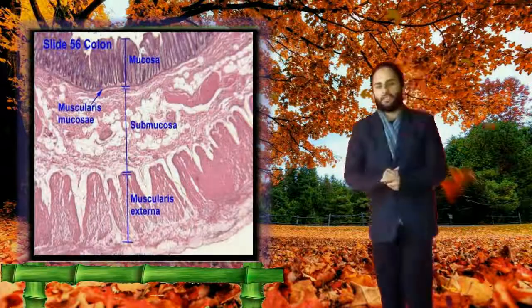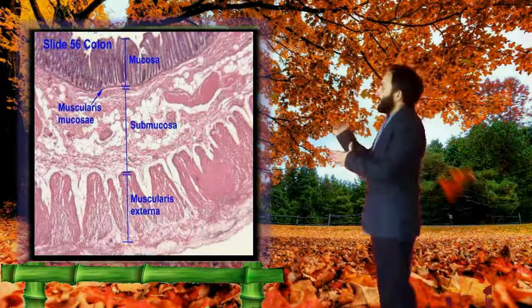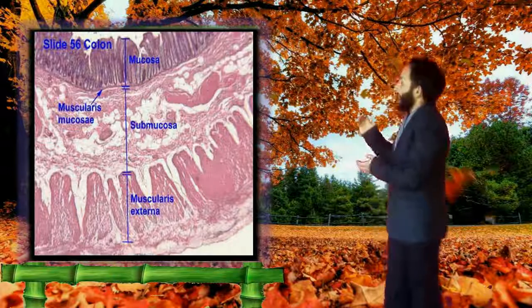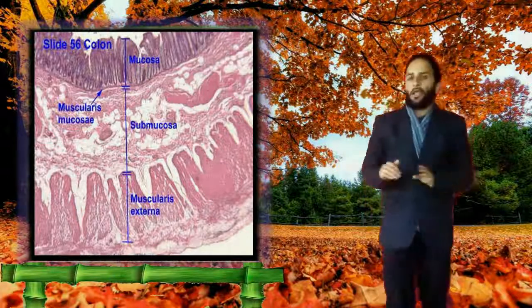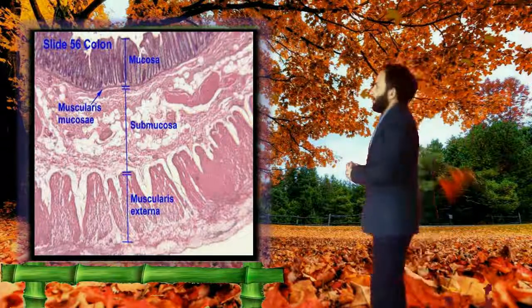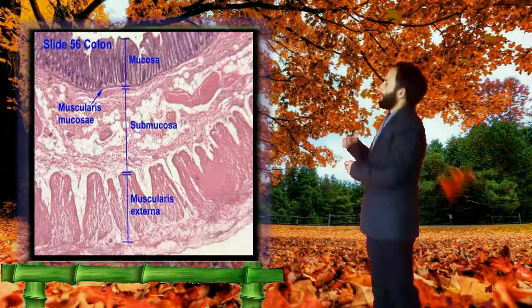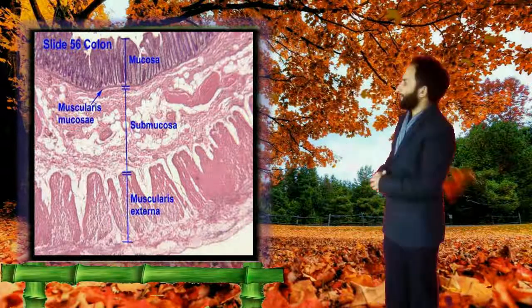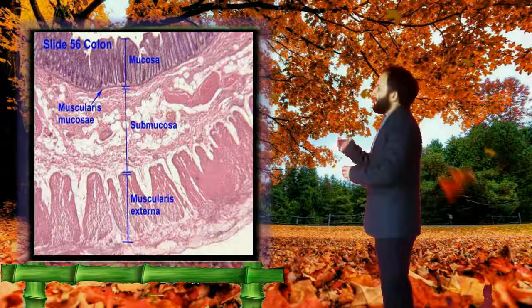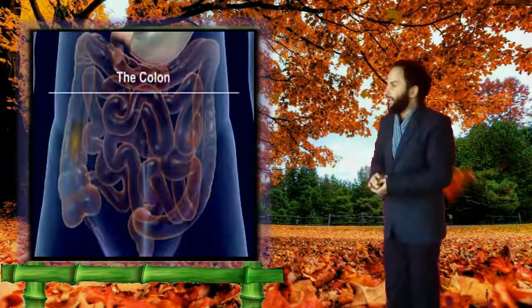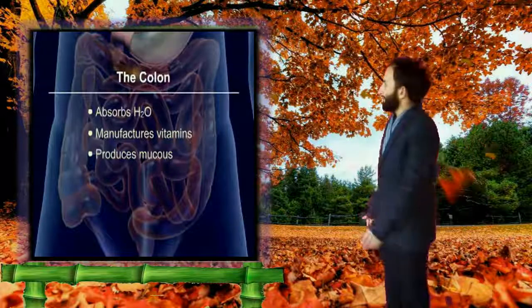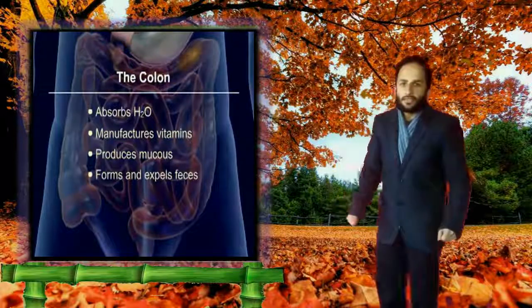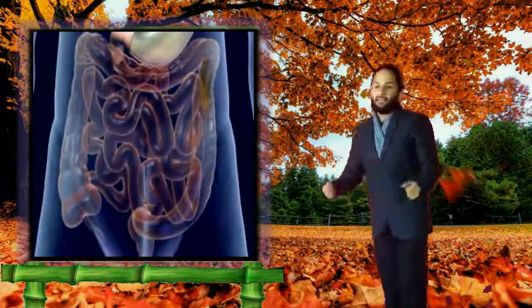Its histological structure resembles the small intestine, except that the mucous coat has no villi. But mucus-secreting cells are numerous. It performs different functions: it absorbs water, manufactures vitamins, produces mucus, and forms and expels feces.